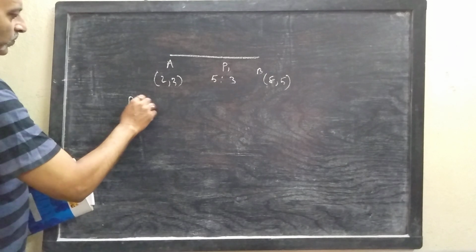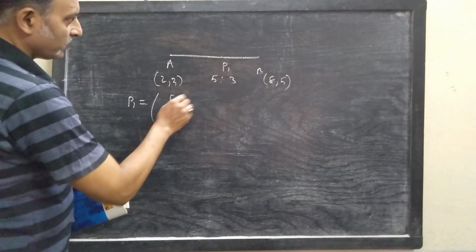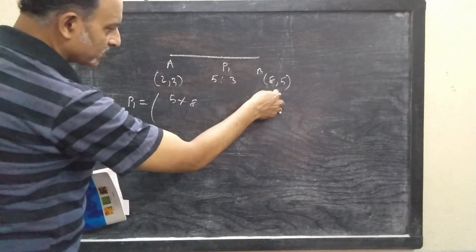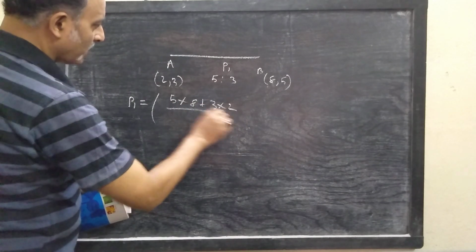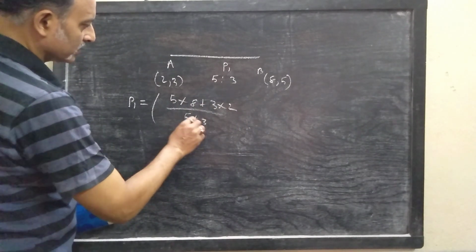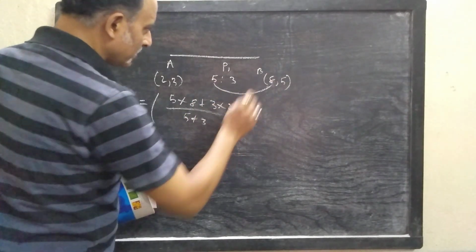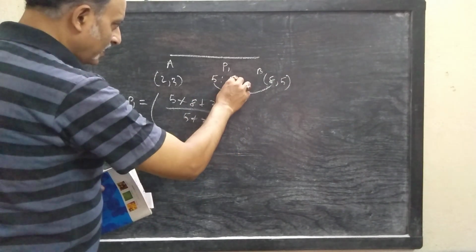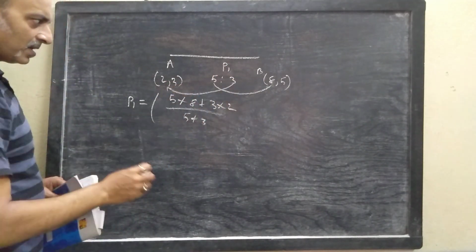Look, P1 will have its coordinates m x2, that is 5 into 8, plus n x1, 3 into 2, by m plus n. Again I am repeating, m will be multiplied to this, plus n, this will be multiplied to this, m x2 plus n x1 by m plus n.